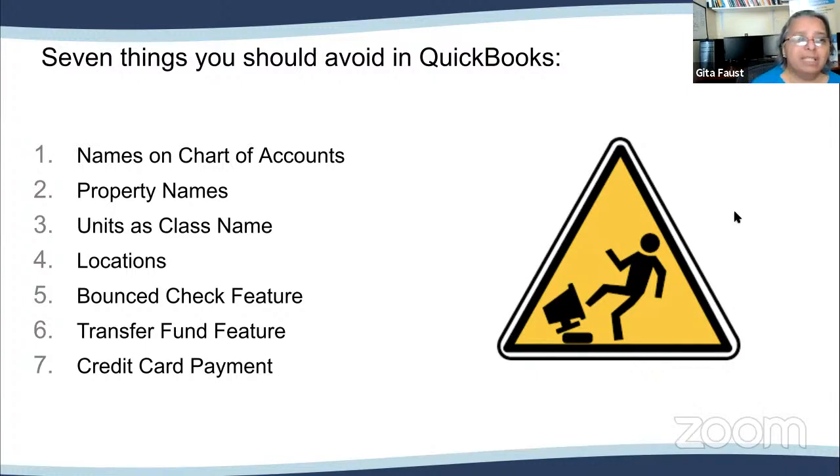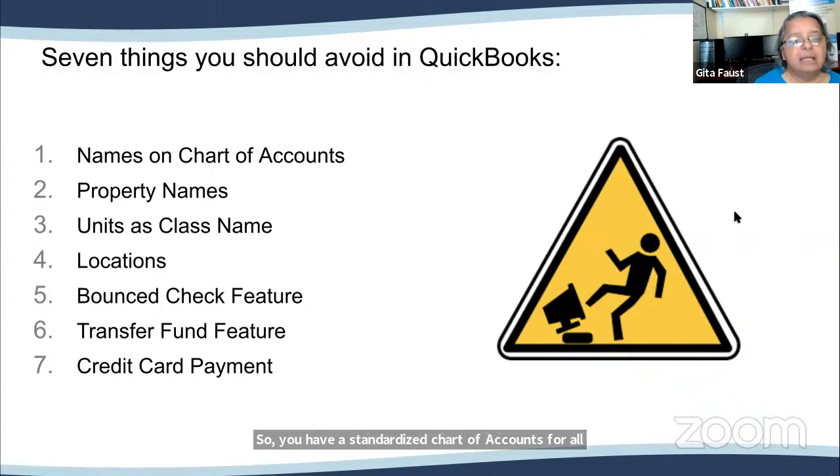So you have a standardized chart of accounts for all properties, and all you have to do is filter by a specific name, and it is very streamlined and easy. If you have loans, mortgages, hard money loans, soft money, and so on, you don't want to put those names. You don't want to create loan names and the property name as liability as well.